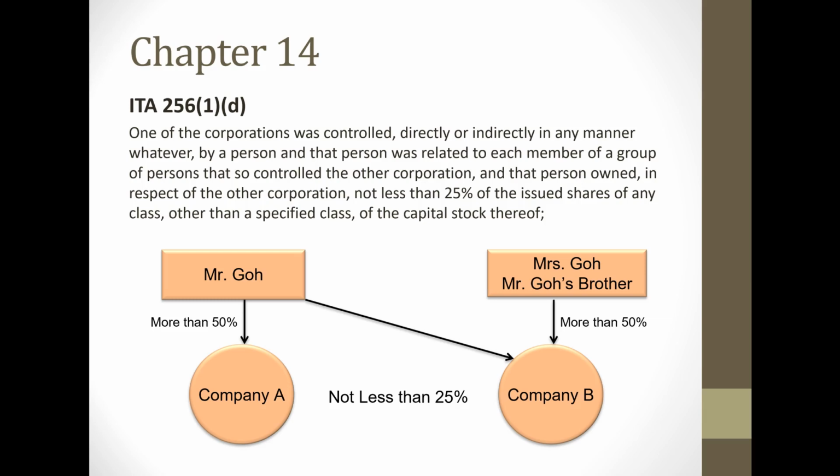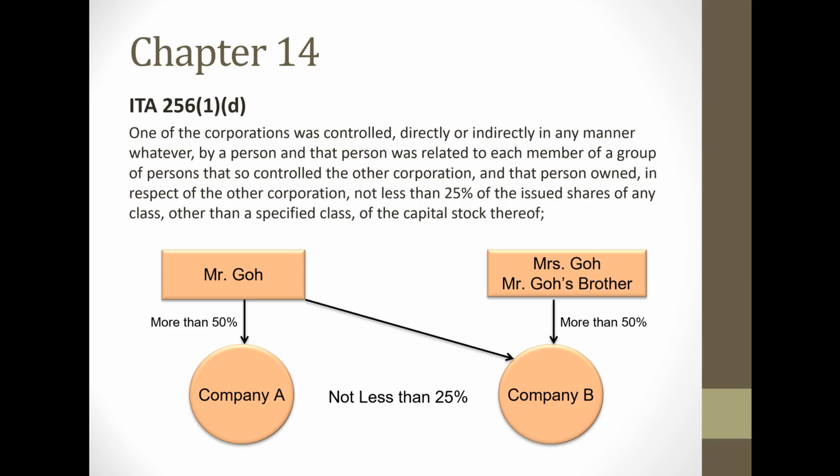And that group consists of Mrs. Go, who is the spouse of Mr. Go, and also Mr. Go's brother. So this group, Mrs. Go and Mr. Go's brother, they control Company B because together they own more than 50% of the voting shares of Company B.